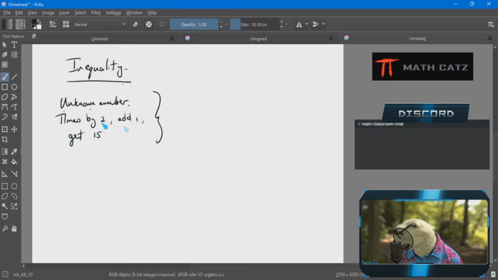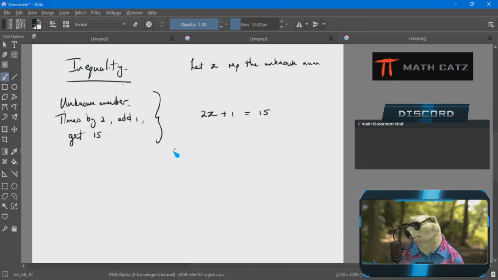That is English information that gets translated. We of course let x represent the unknown number. Technically, we have to link it with that first step. But once we've done that, because it's fairly obvious in this case, just a quick little example, we have our translated mathematical sentence, same information.